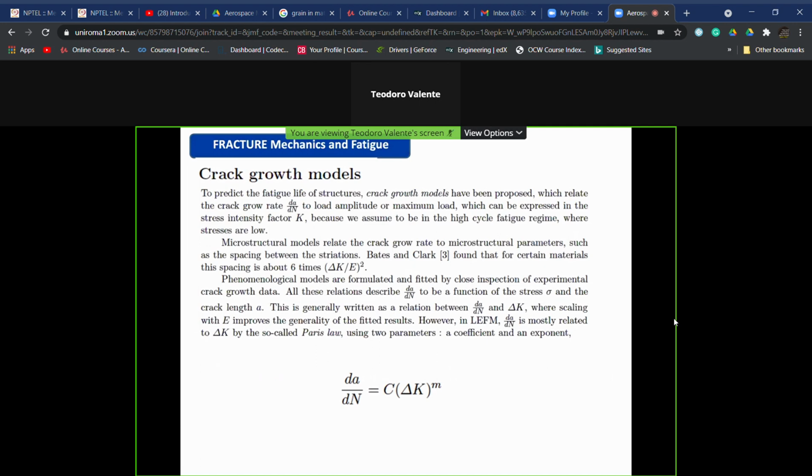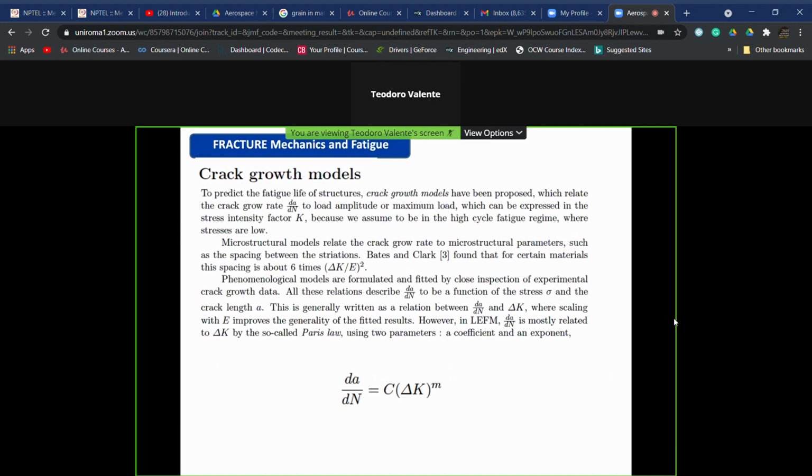And the microstructural models relate the crack growth rate to microstructural parameters, such as, for example, the spacing between the observed striations on the fracture surface.